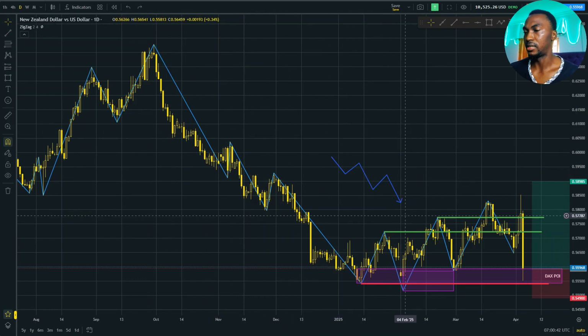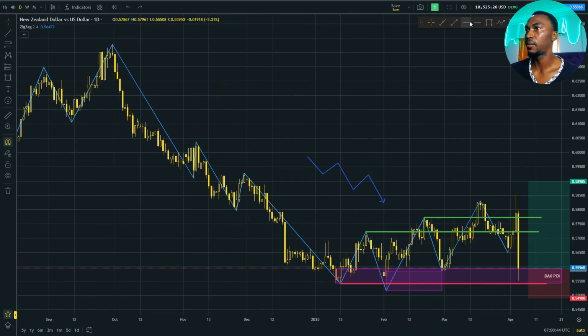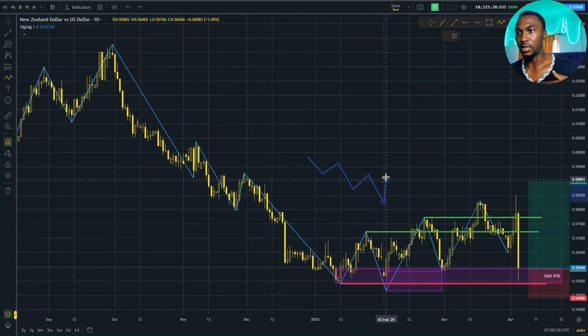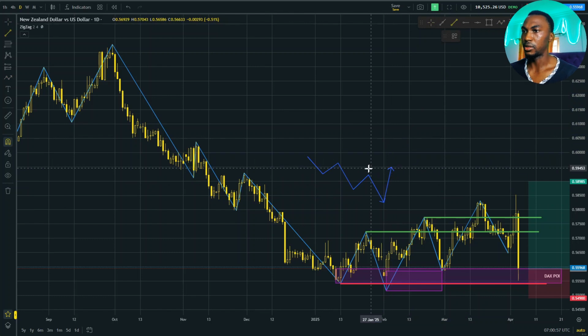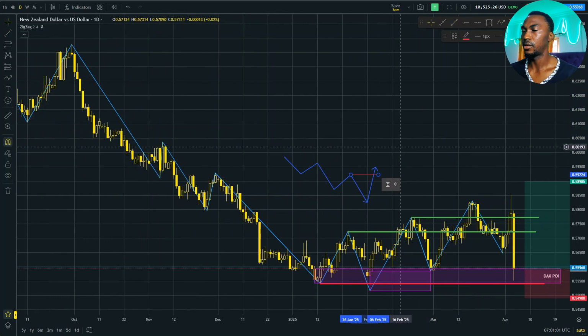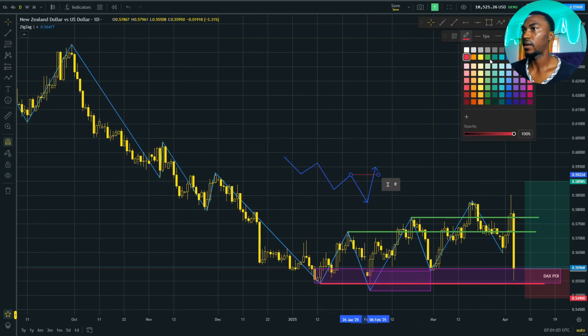Now in his technique, we don't know what's going to happen, but when we see the market do it, we have to see the market do it by itself. So we see the market do this, meaning this was the last lower high. I want to make this green since it was a high.